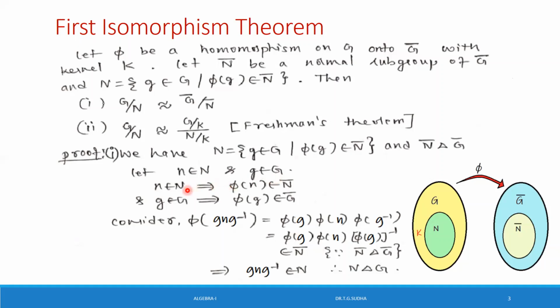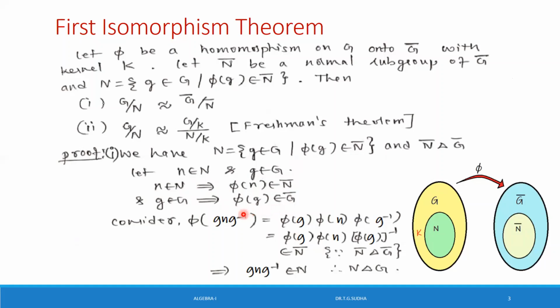Since n belongs to N and phi is a homomorphism from G onto G bar, phi of n will belong to N bar by the given set N. Then when g belongs to G, we can say that phi of g belongs to the codomain group, that is G bar.